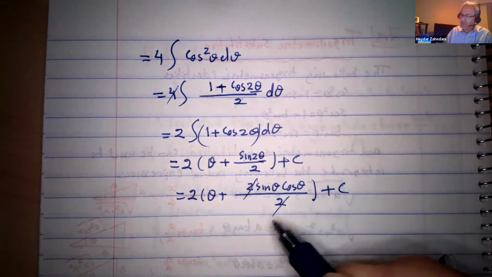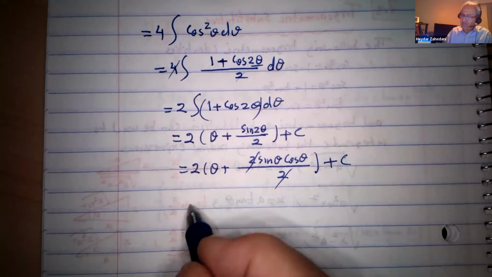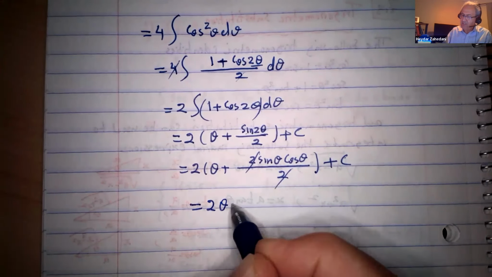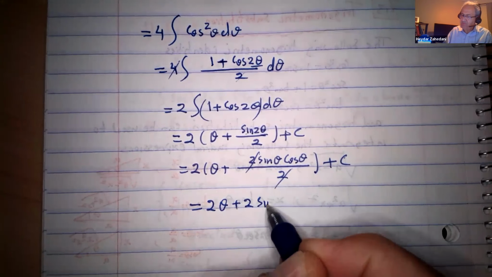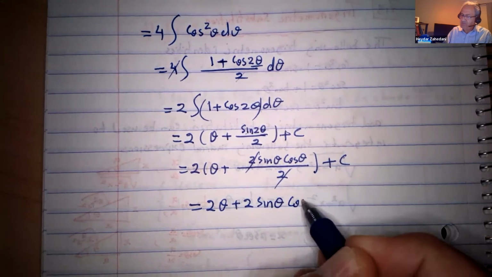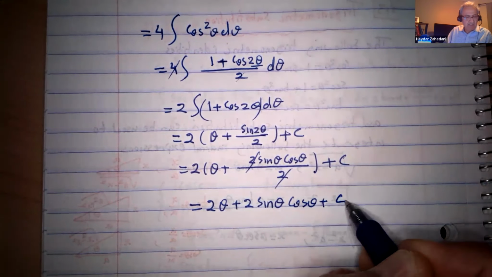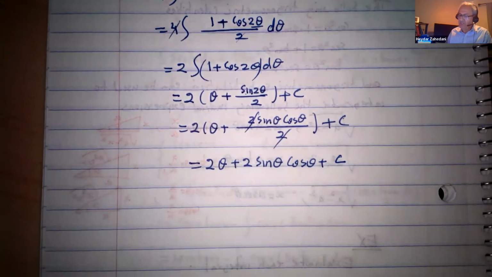These 2 and 2 will cancel out. So the final answer would be 2 theta plus 2 sine theta cosine theta plus c. So this is always the final answer.